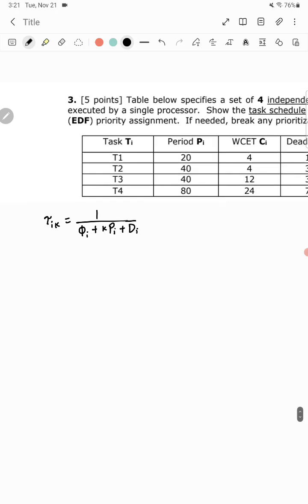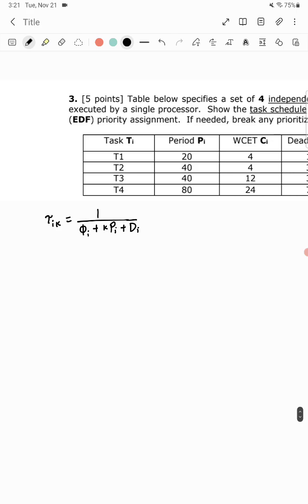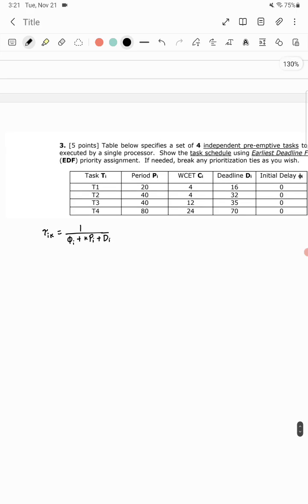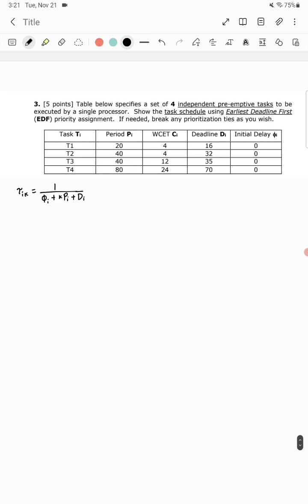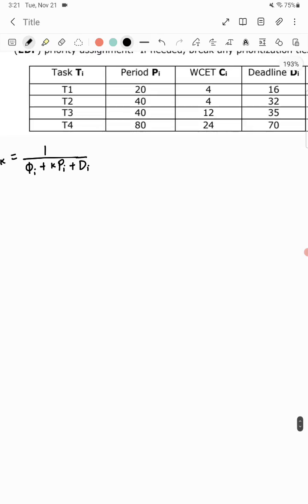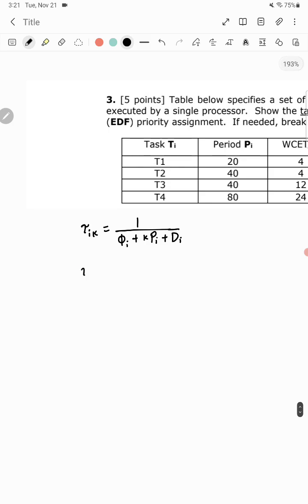Okay, so now let's calculate the priority values, because these will help us plot a correct timing diagram for how you would schedule these tasks. Let's do 1 0, 1 1, 1 2, 1 3.